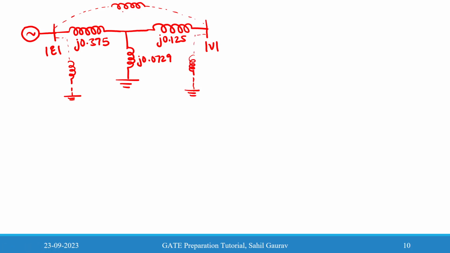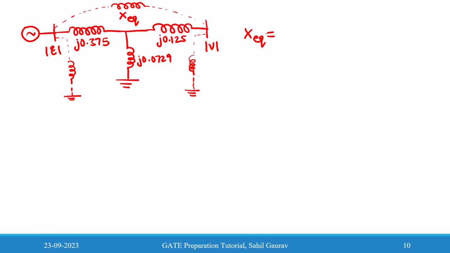We need to find this one only, because this is the reactance between two buses, and after that we can apply the expression EV divided by X equivalent. We know how to convert star into delta.